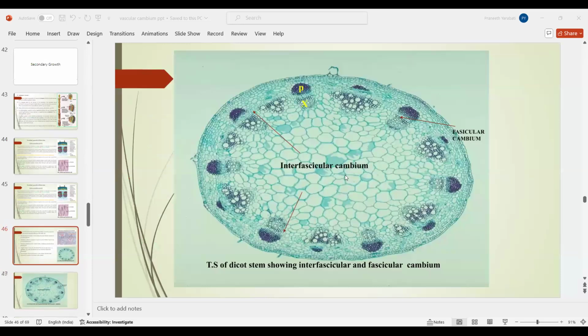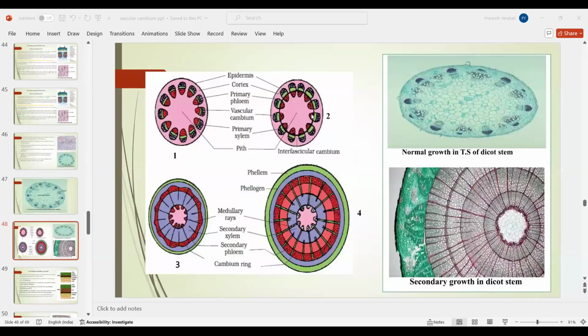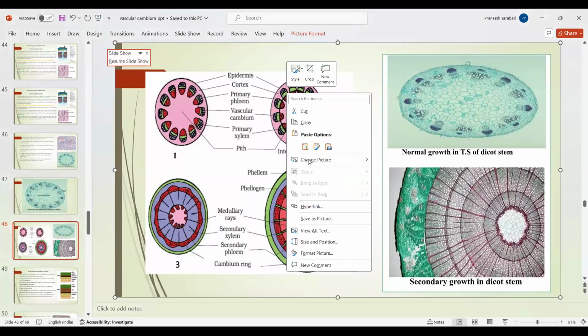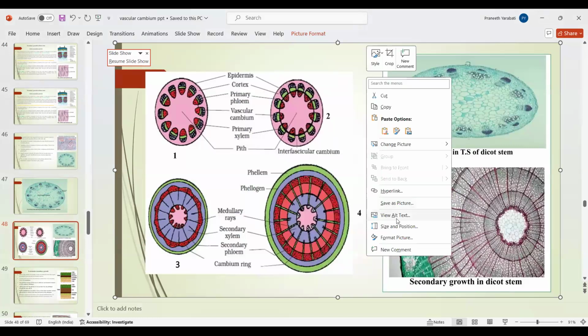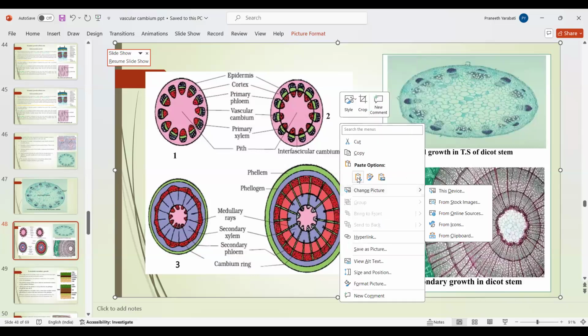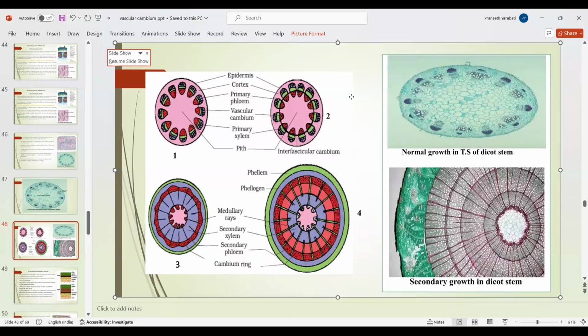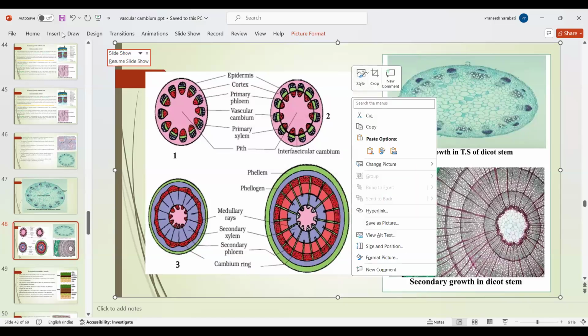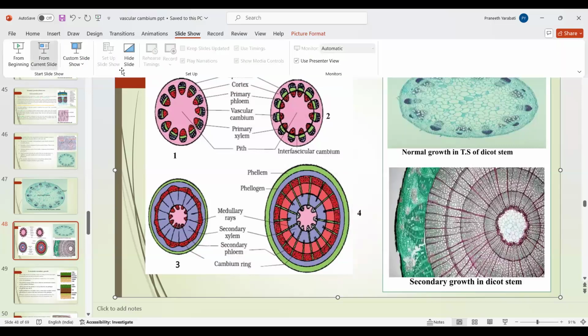So here, is the screen visible? Yes, madam, it is visible. Please click on slideshow.